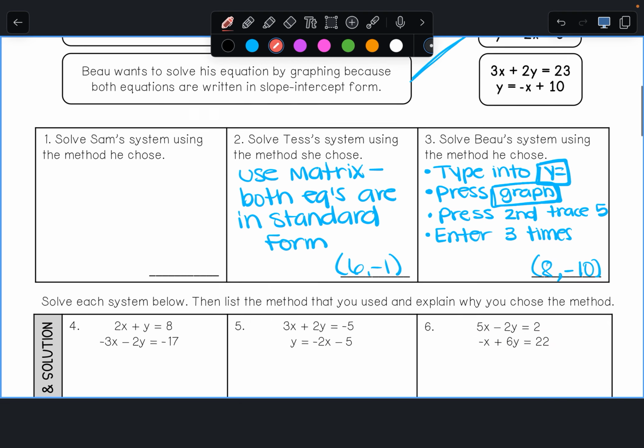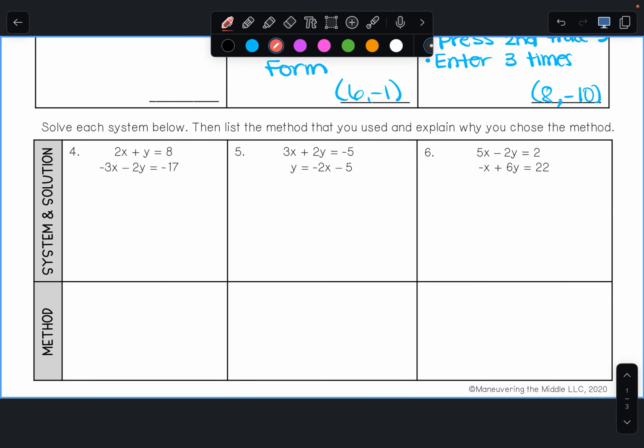Number 4. Both equations are written in standard.